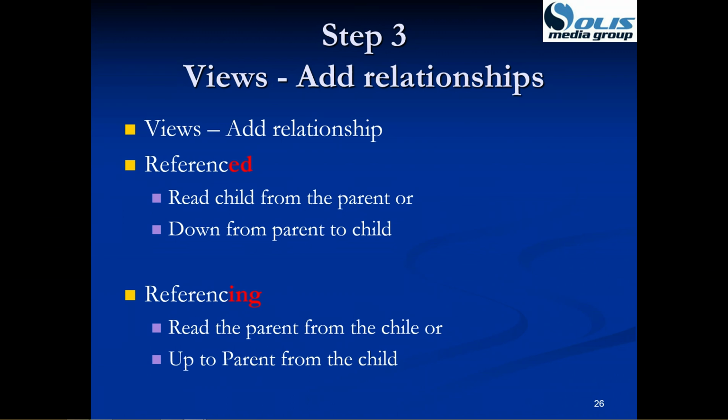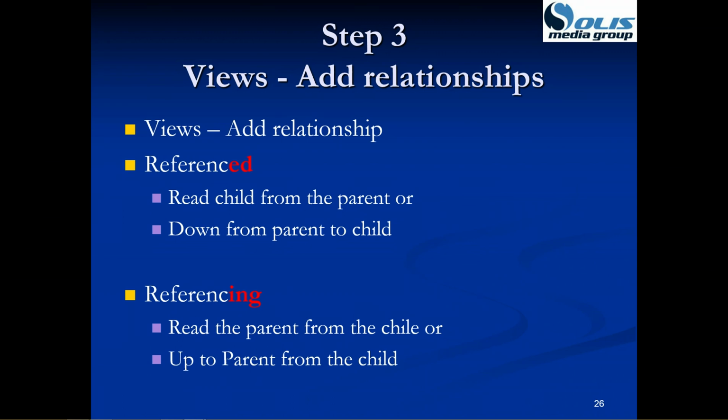It's in views. When you create this relationship, the entity reference, it creates two additional, I guess they're called fields, I'm not quite sure what to call them. But there's a thing called referenced and referencing. The ED one is the parent looking at the child.